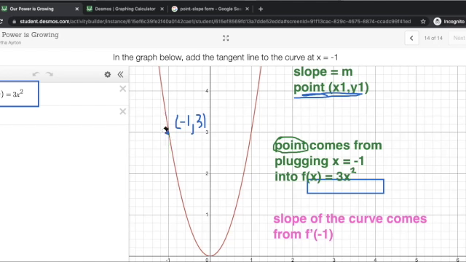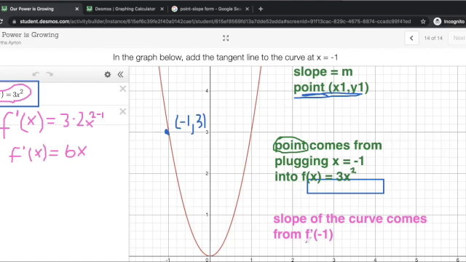clear symbolic solution. So because my f of x is equal to 3x squared, I can apply power rule and say that my f prime of x, which gives me the slope at any value of x, is equal to 3 times 2x to the 2 minus 1. It's applying power rule and constant multiple rule. So if I simplify that, I get that f prime of x is equal to 6x.